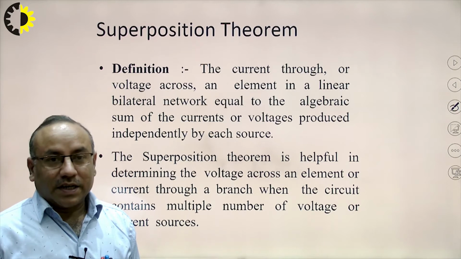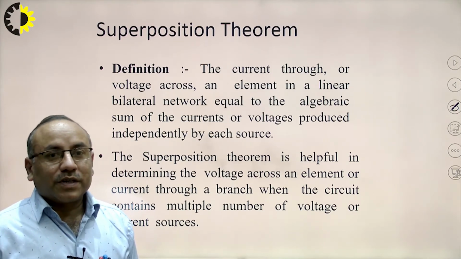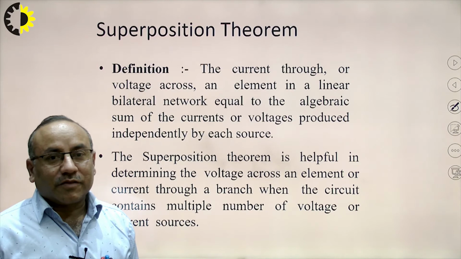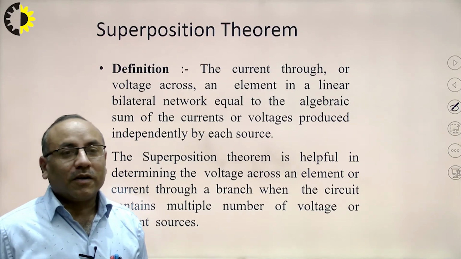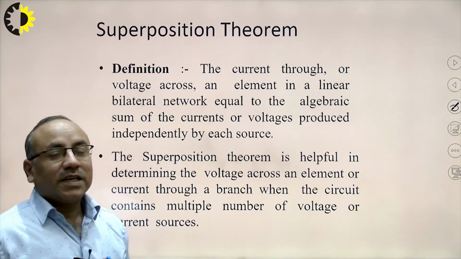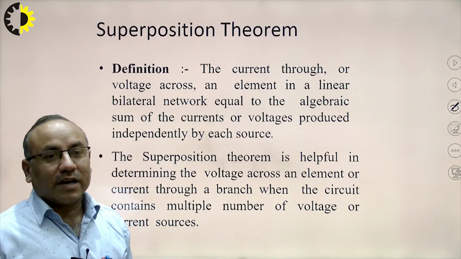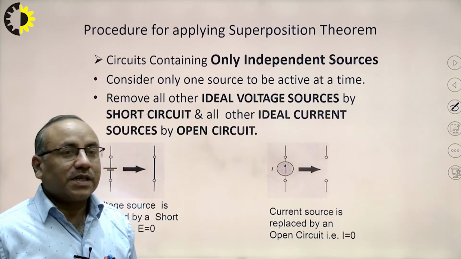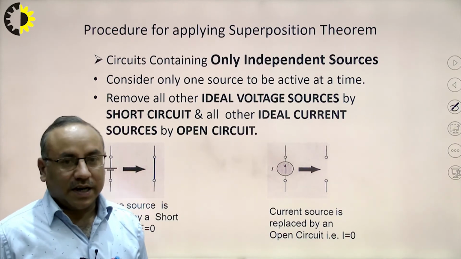Then the resultant current or voltage in the branch is given as the algebraic sum of all the currents or voltages produced independently by each source acting alone. That is how we apply the superposition theorem in a given circuit.